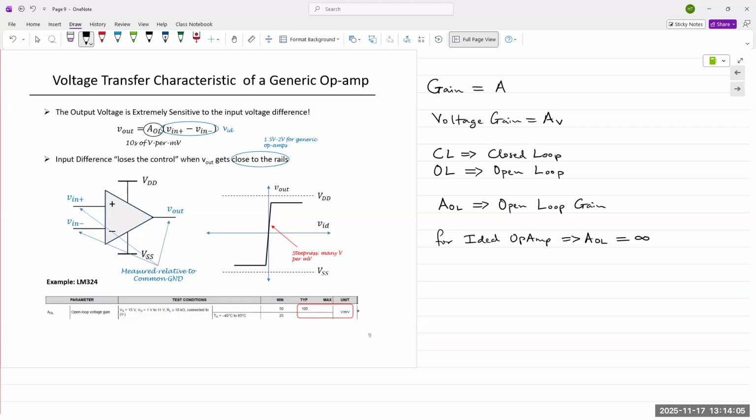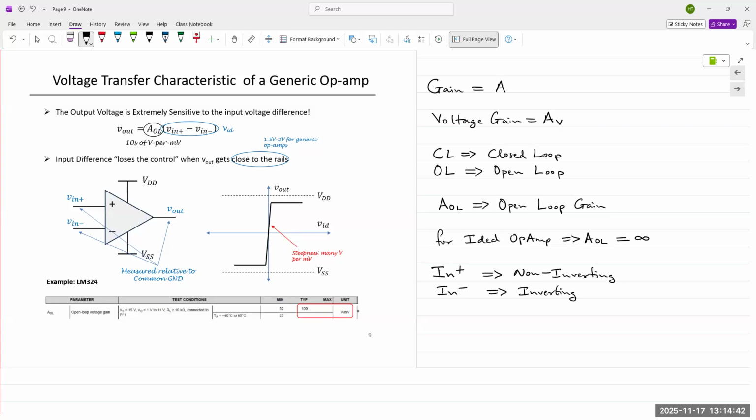And that's where we will begin. The output voltage for an op-amp in an amplifier configuration is very sensitive to any change in the differential input that is applied at the input terminals. So we have in plus, which is referred to as the non-inverting terminal, and in minus, which is referred to as the inverting terminal.